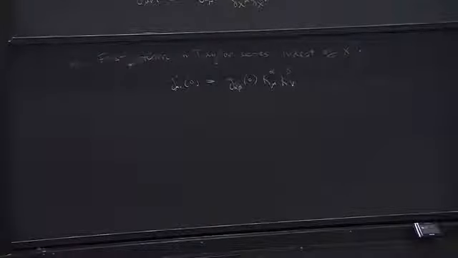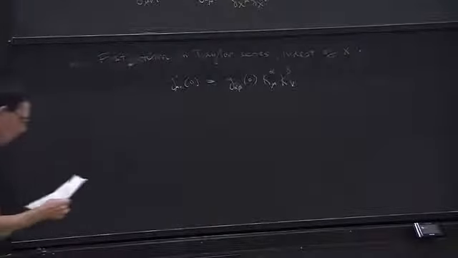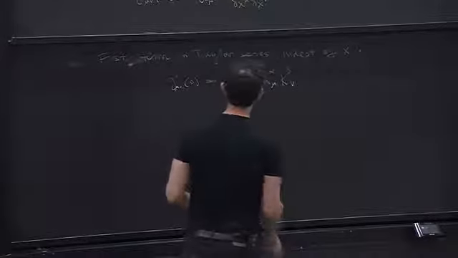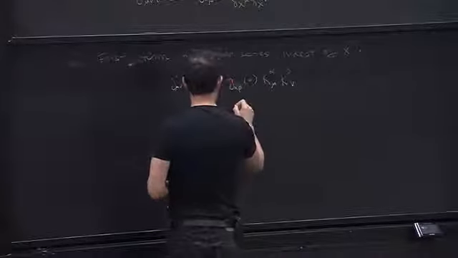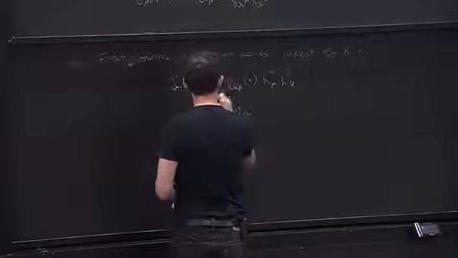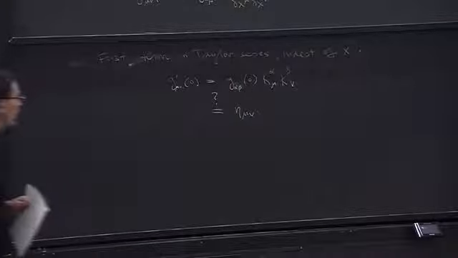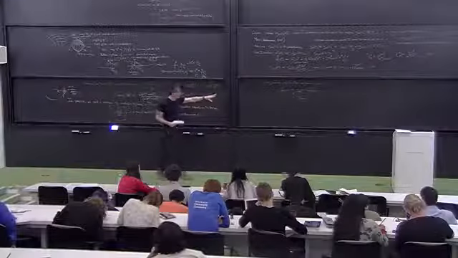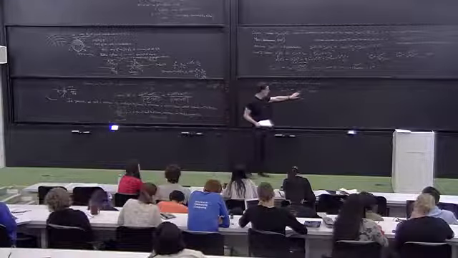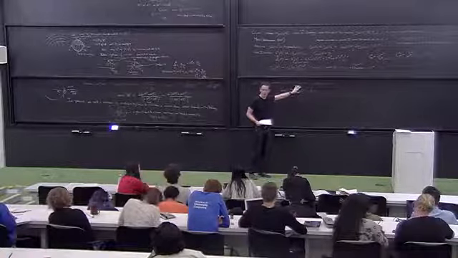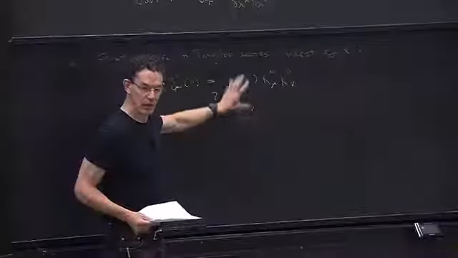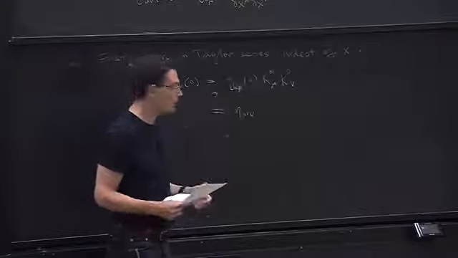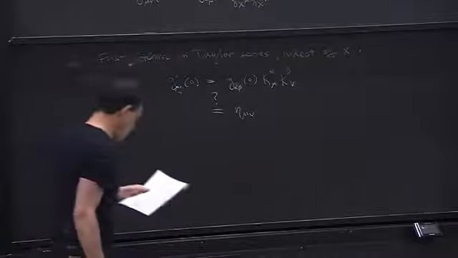That's the relationship between the metric at the point in the new and the old coordinates. So can I set this equal to eta mu nu? In other words, is it possible to find a matrix K which will transform this metric to eta? So can I solve this equation? Okay. And the answer is yes.